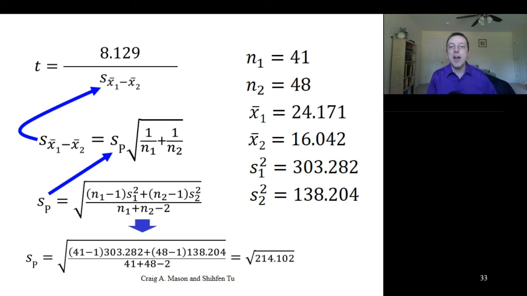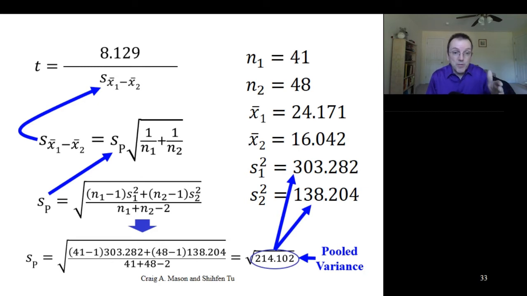it's good to keep an eye on. That 214.102, that's the pooled variance. And because it's pooling the variances from sample 1 and sample 2, it should fall in between those two values.